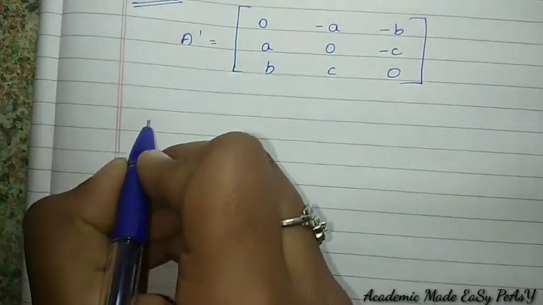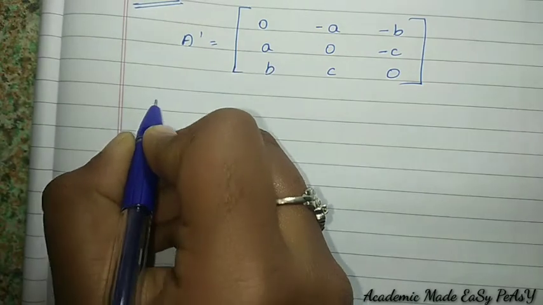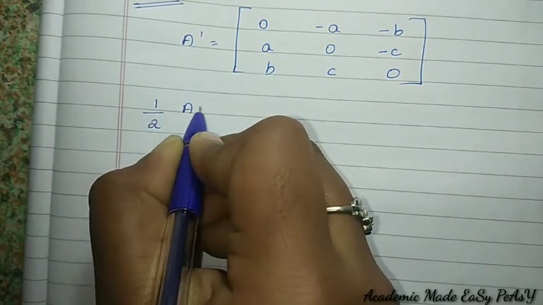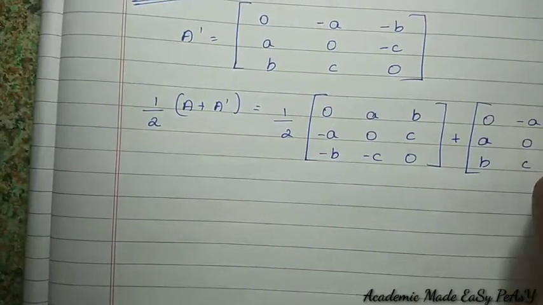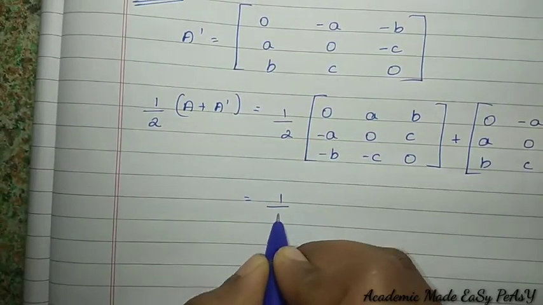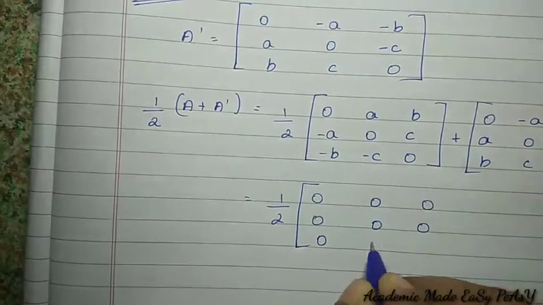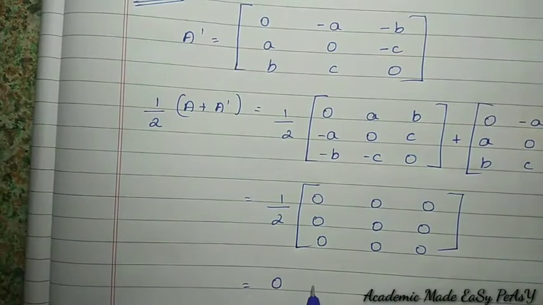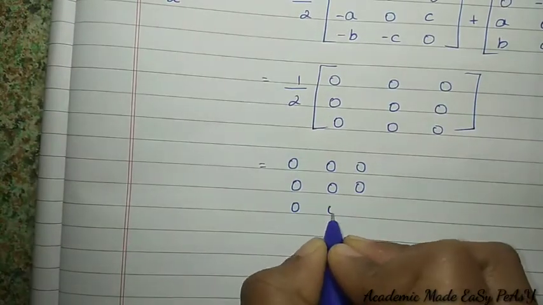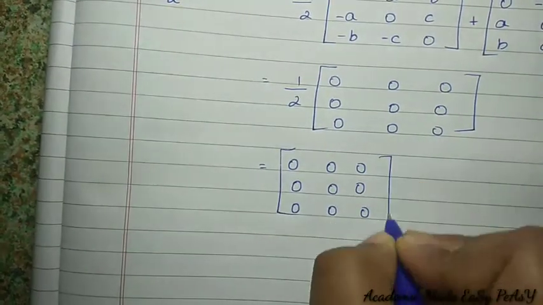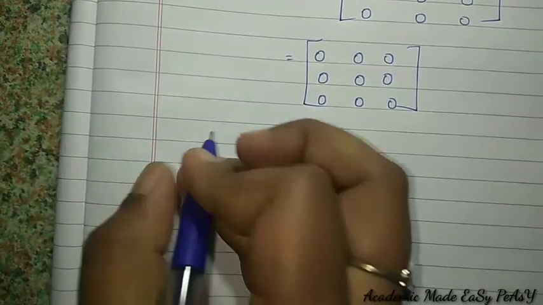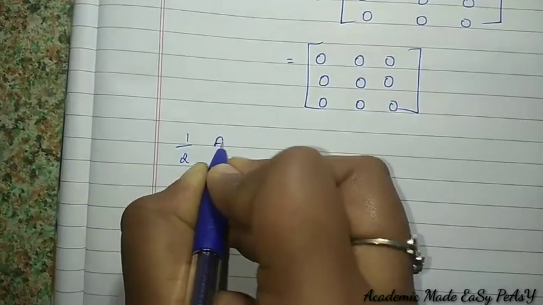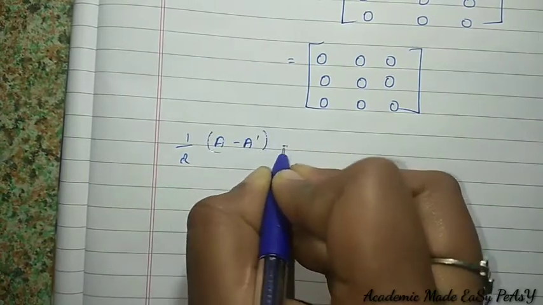So now I will start finding my first part, which is half of A plus A transpose. So therefore, half of this is a zero matrix. This is a zero matrix. So now I will be finding half of A minus A transpose.